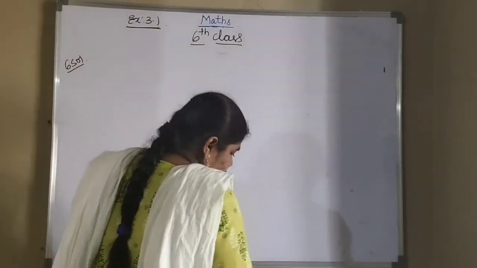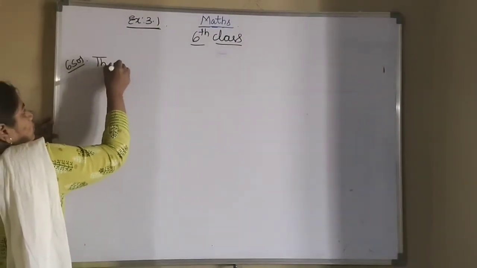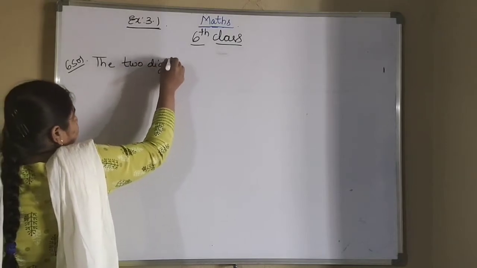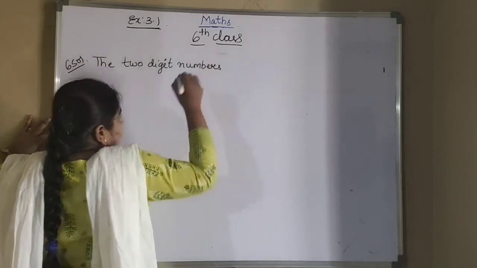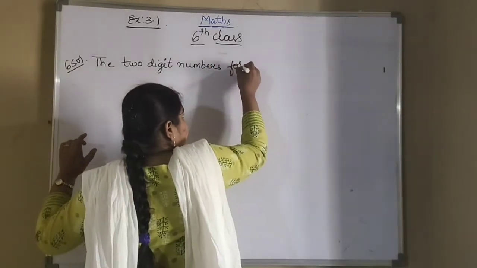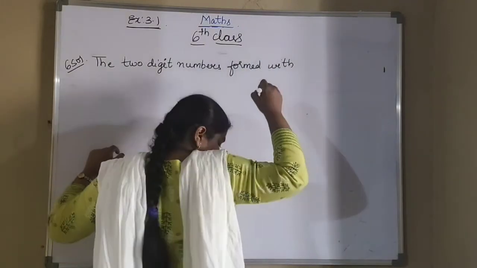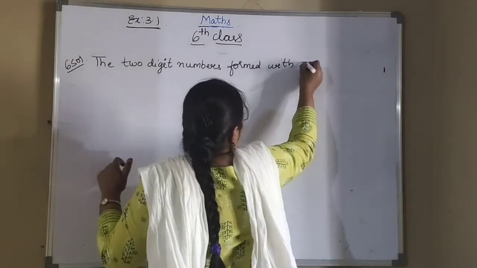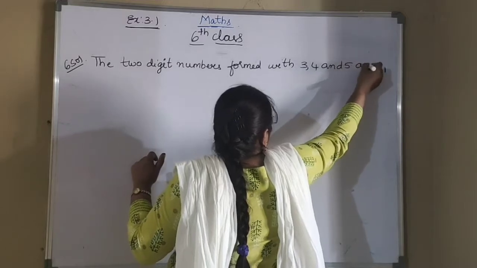So first, what we have to write: the two-digit numbers formed with 3, 4 and 5.